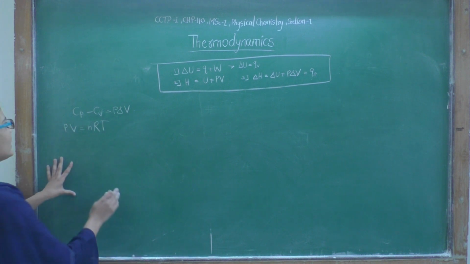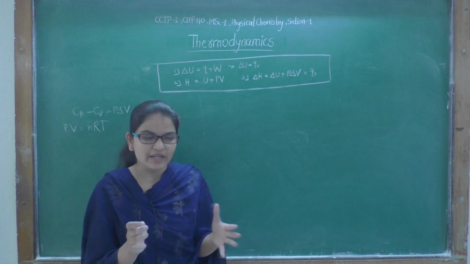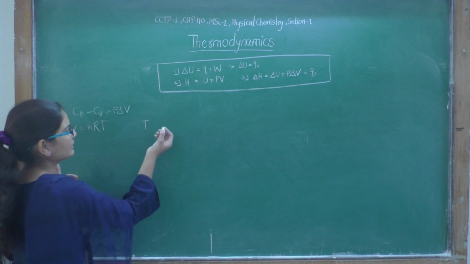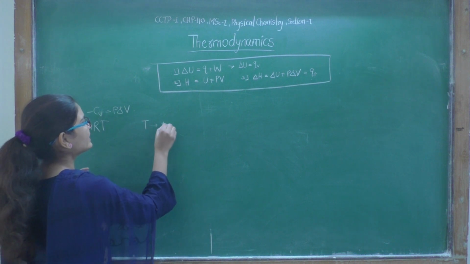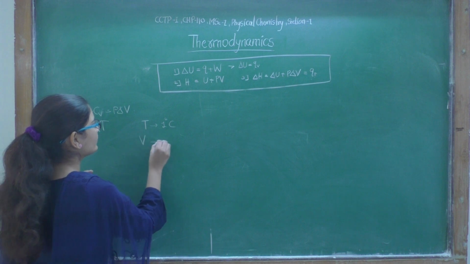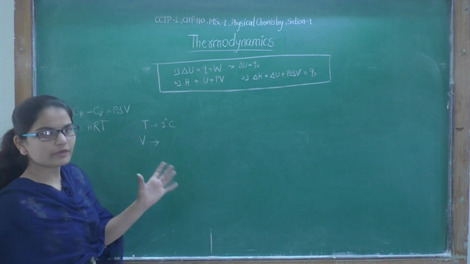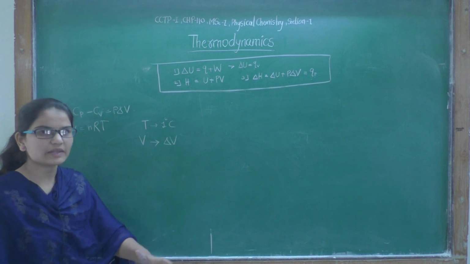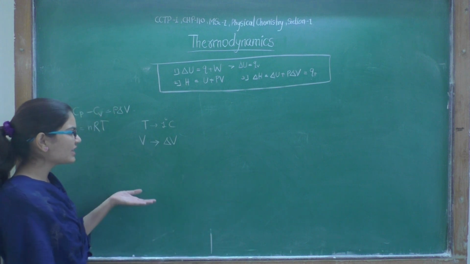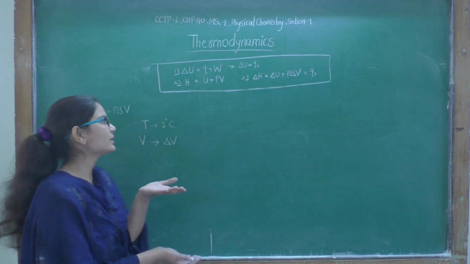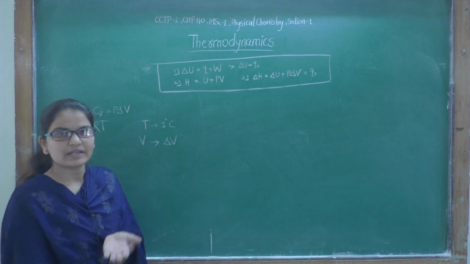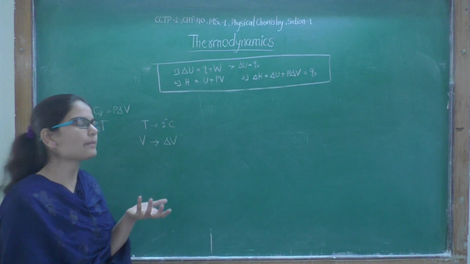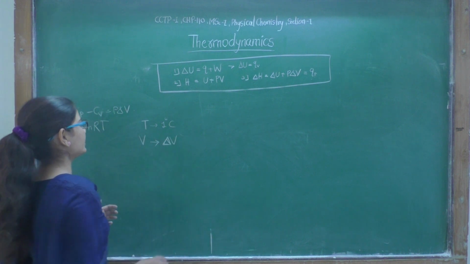If we have a substance and we increase its temperature by 1 degree Celsius, the volume will increase by delta V, because expansion will occur. With a rise in temperature, heat content will increase, and that heat will perform work, so expansion work will happen and the volume will increase by delta V.